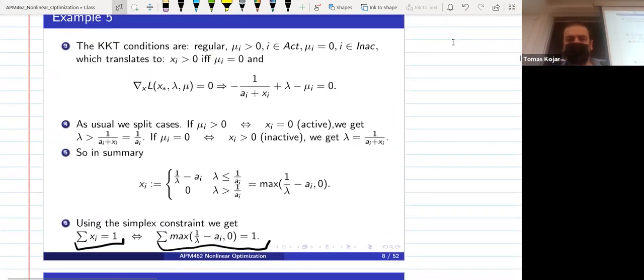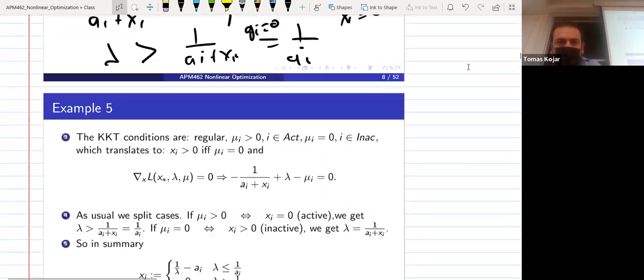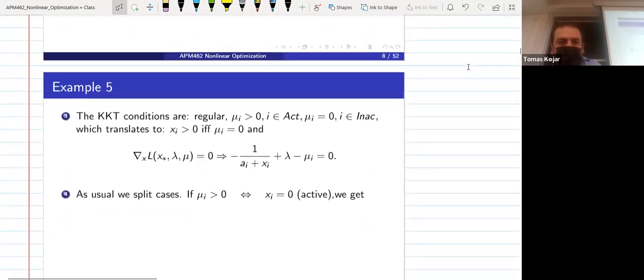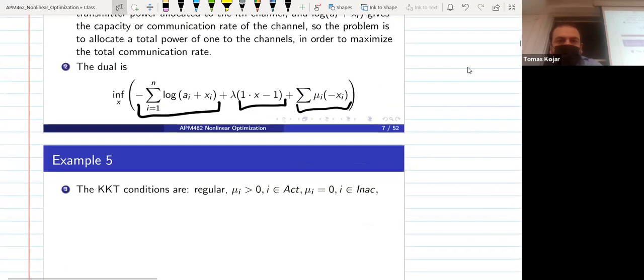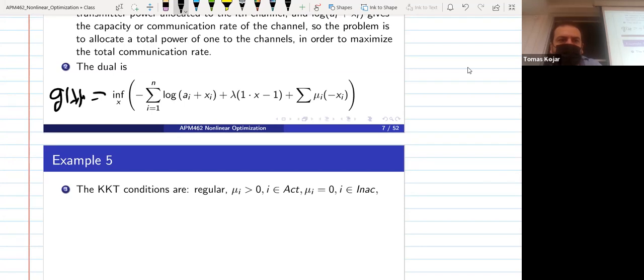Let me just give you what G lambda is too. Since we found the minimizer, this guy is the G lambda mu. And yeah, it's not a nice expression.